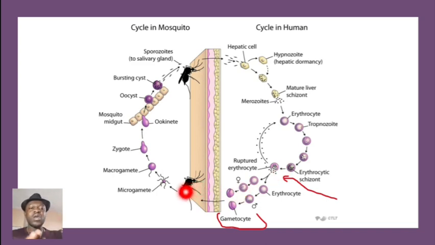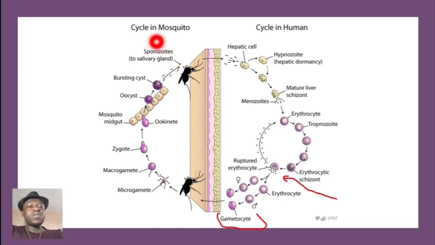You can see two kinds of gamete: the microgamete, that's the sperm, and the macrogamete, that's the ovum. They combine to form a zygote, which happens in the mosquito midgut. Here you can see the ookinete, oocyst, and then the cyst will burst, releasing sporozoites in the salivary gland of the mosquito.